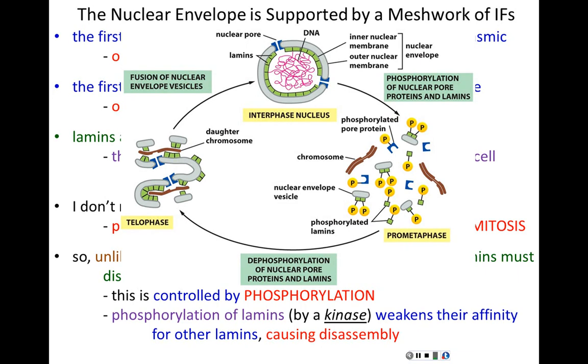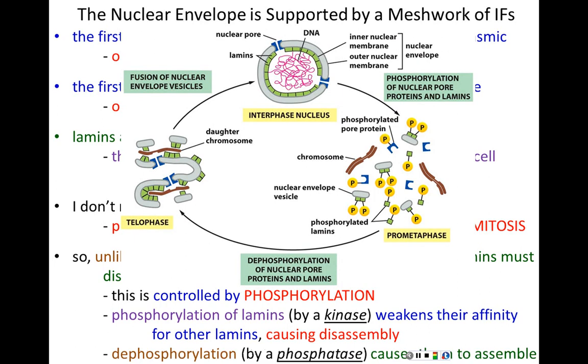We create a type of repulsive property where lamins do not want to bind with other lamins, and this promotes disassembly. When time comes to reassemble the nuclear envelope, a phosphatase dephosphorylates those lamin proteins, promoting assembly back into the meshwork and allowing the nuclear envelope to reform. Very, very highly dynamic process, very interesting process.